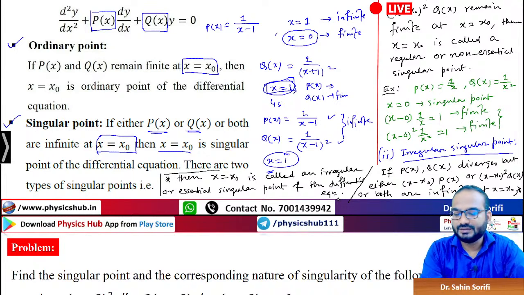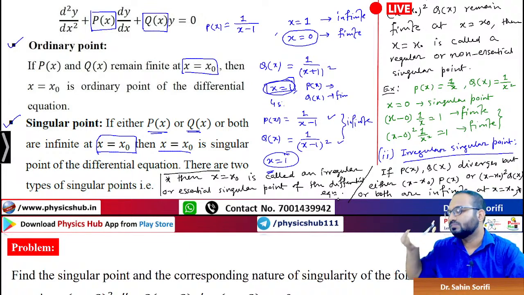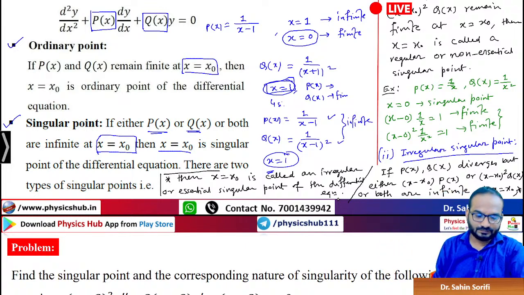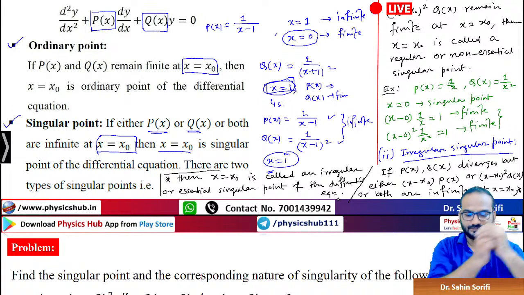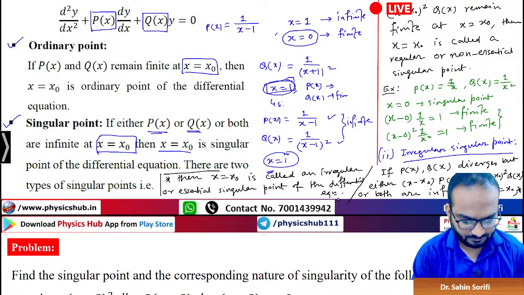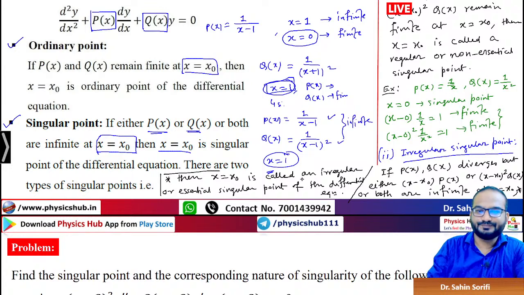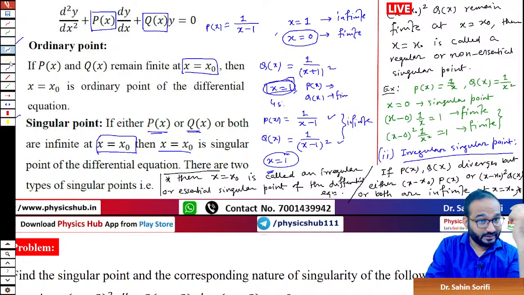Let me know once it is done. What is the meaning of diverging and infinite? Both are the same in this context.